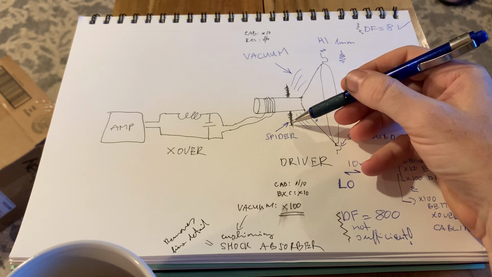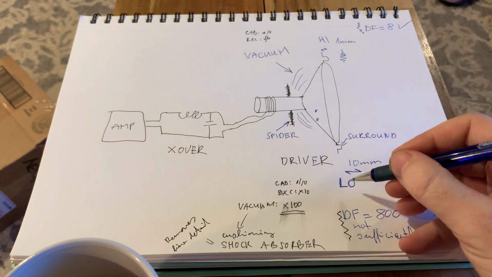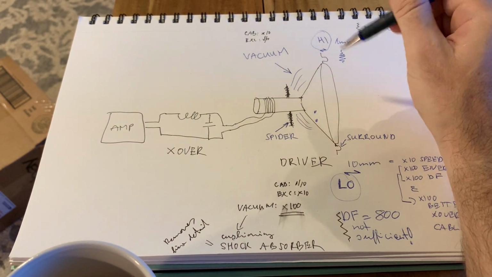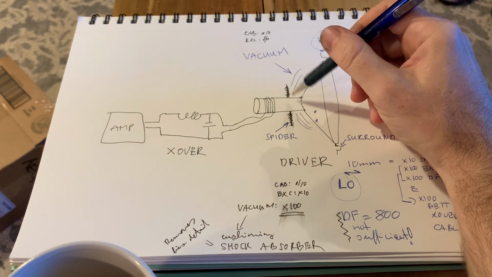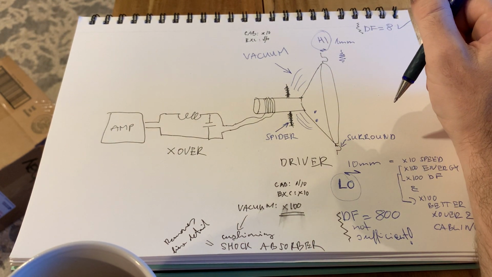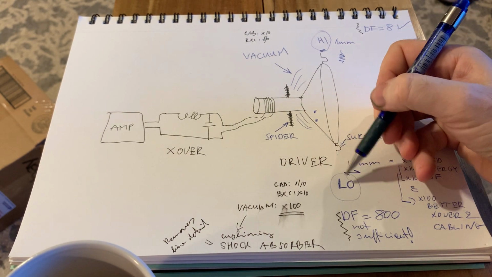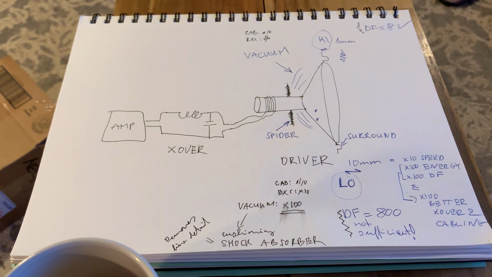But the spider is vastly different between a low efficiency loudspeaker and a high efficiency loudspeaker. So for high efficiency loudspeakers, these spiders are much softer, much more pliable. And for lower efficiency drivers, these spiders are hard. And basically, the lower the efficiency of the driver, the harder the spider is.